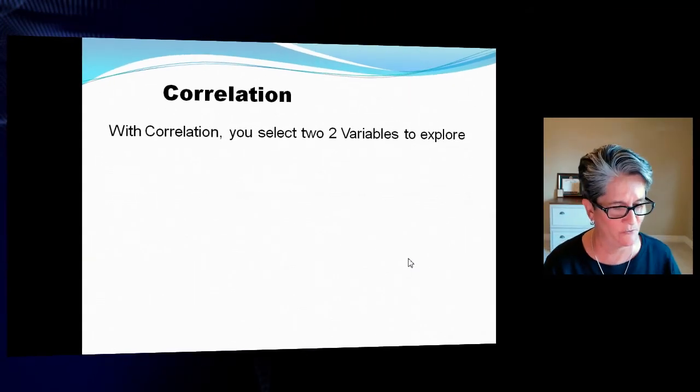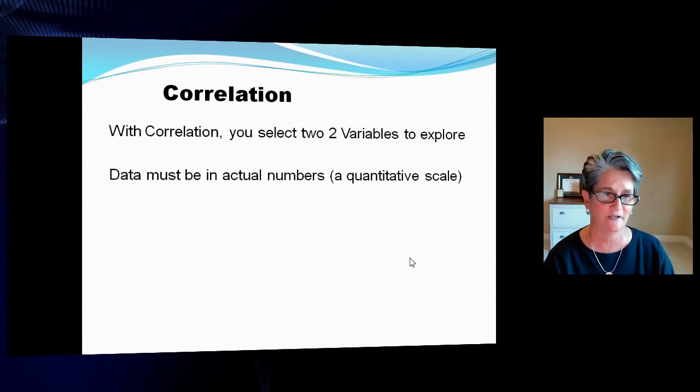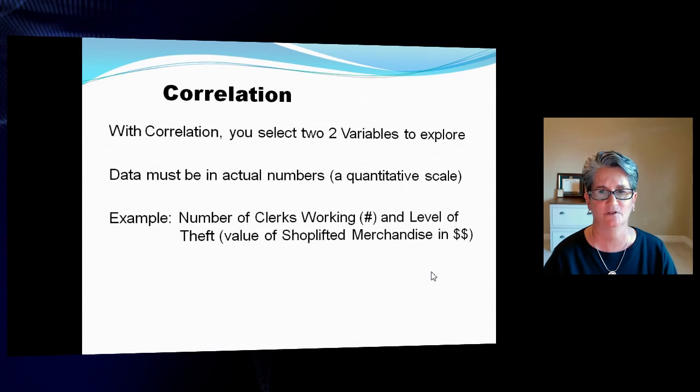With correlation, we can open up a data set and then select 2 variables to explore. Our data has to be in actual numbers, so it needs to be a quantitative number. For example, let's say we're wondering about shoplifting in a department store.